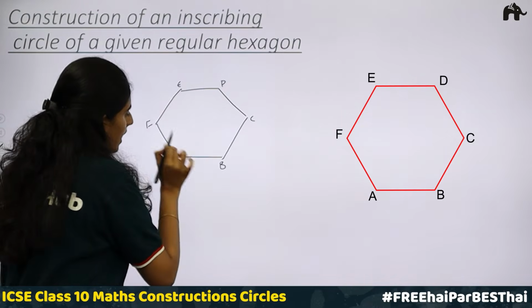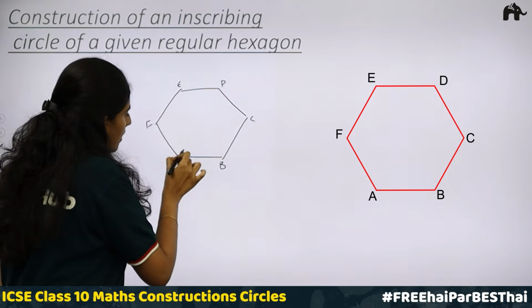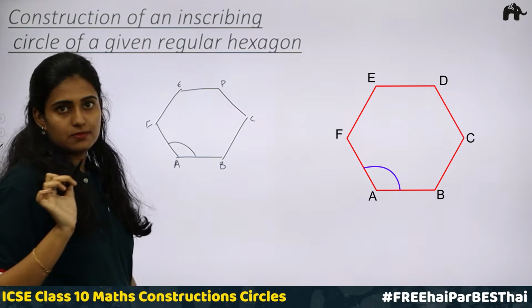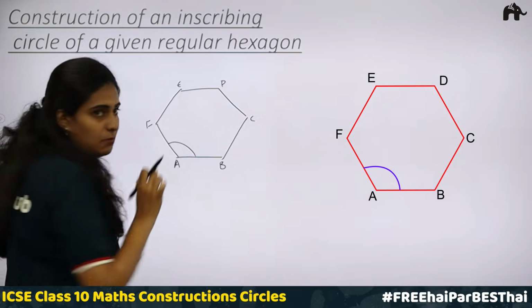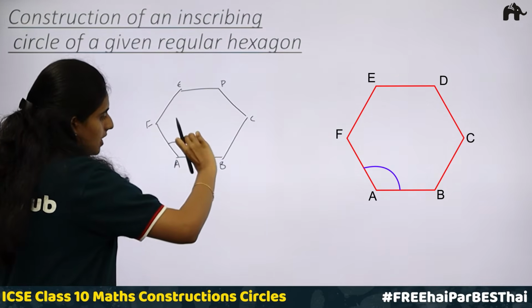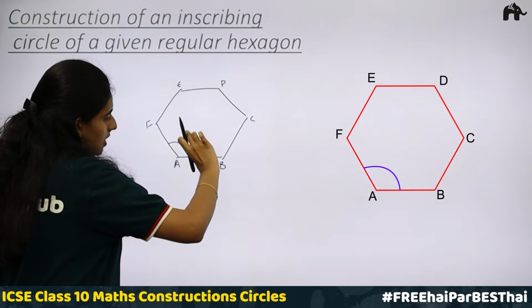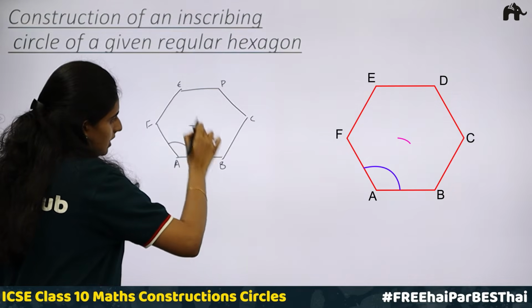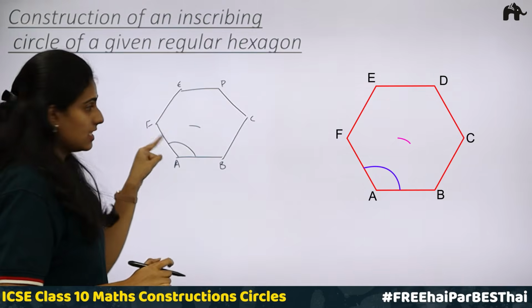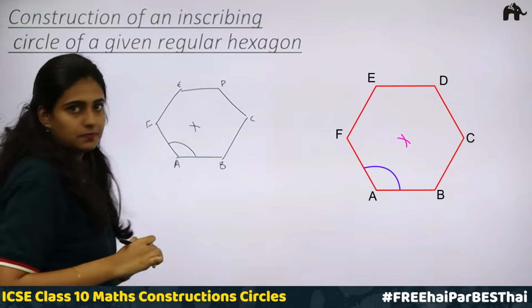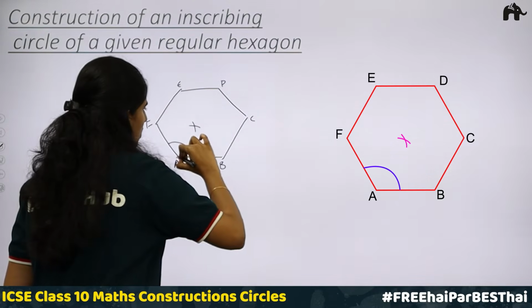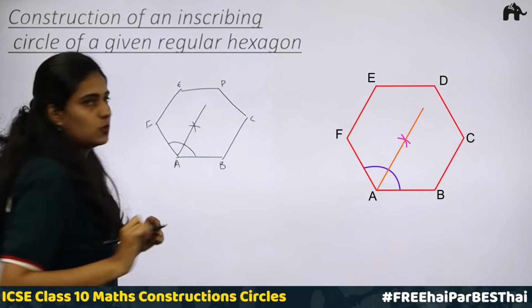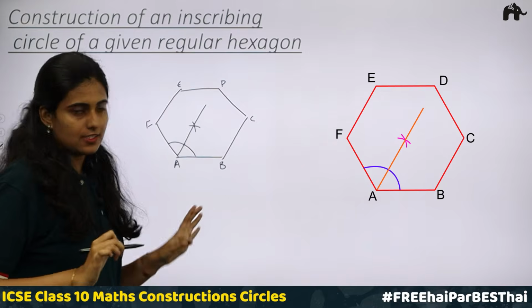When you take angle A, to draw the bisector, first make an arc with some measure and A as center. Now from this point as center, draw two arcs, one here and this point as the center, draw another arc. Okay. Join these. From A, draw a line which passes through this point of intersection of the arcs.